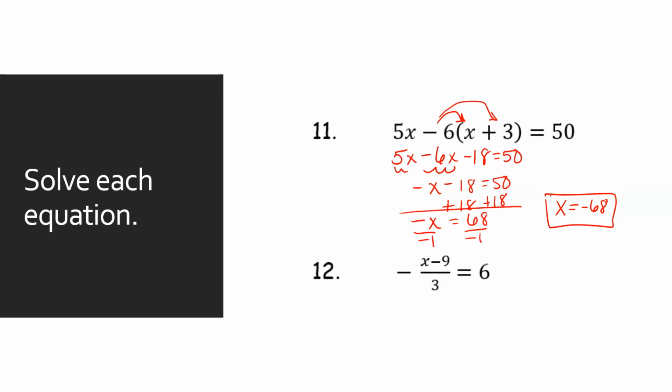So number 12. To undo this division, I'm going to multiply by -3. If you multiply by the negative in the first place, it'll just save you a step later. So that's canceled. So I have x minus 9 equals -18. When I add 9 to each side, I end up with x equals -9.